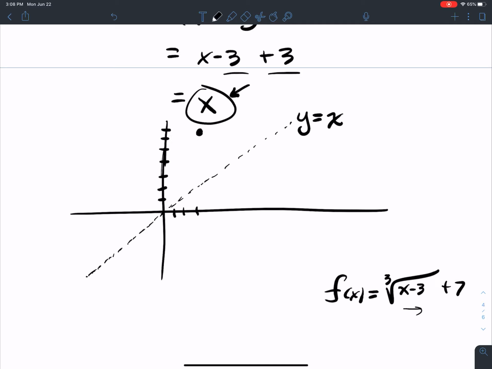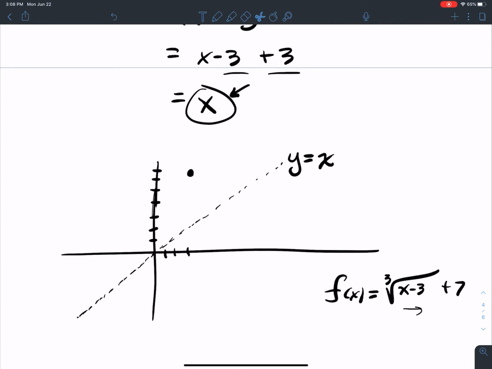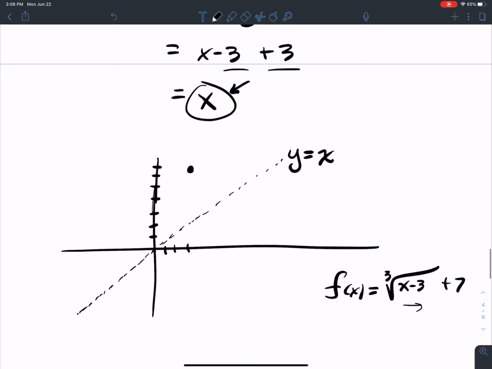Let me circle all that. So what does that look like? The cube root looks like that, and this point is (3, 7).